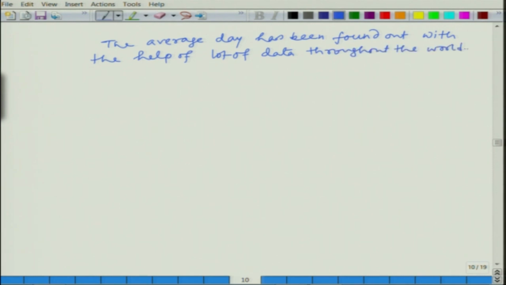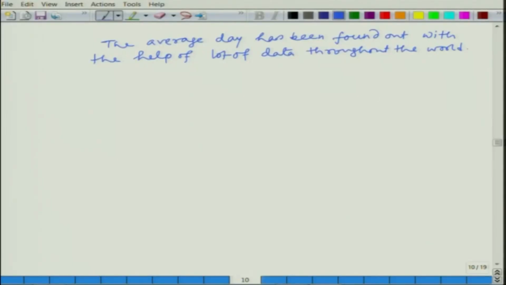Globally there are a lot of measurements and we have incorporated all of them, and for each month we have taken an average day. So, what are those average days? That is important to know. Let me just write the average days.